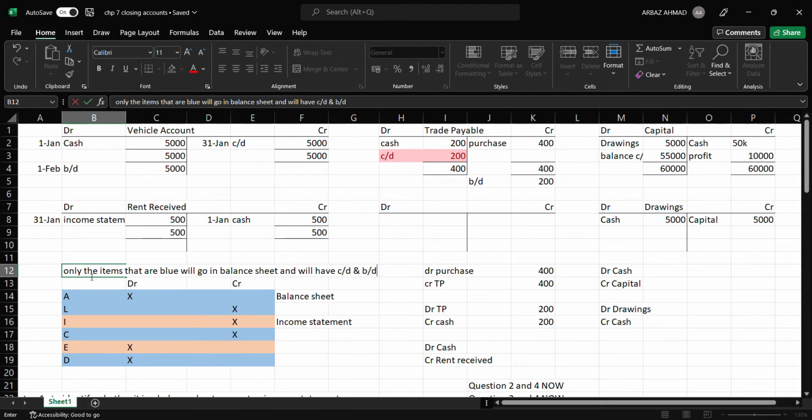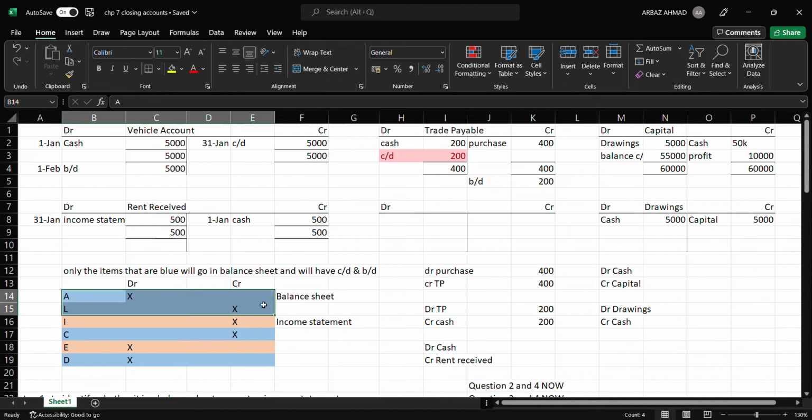If we have an item that belongs to income statement, we close the account by income statement. We transfer the amount into income statement and there is no balance carried down or brought down here. The account is just closed.